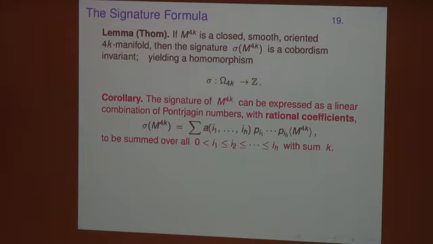The signature can always be expressed as a linear combination of Pontryagin numbers, where the a's are rational coefficients, and we're summing over all products of Pontryagin classes which have total dimension equal to the correct dimension, 4k.